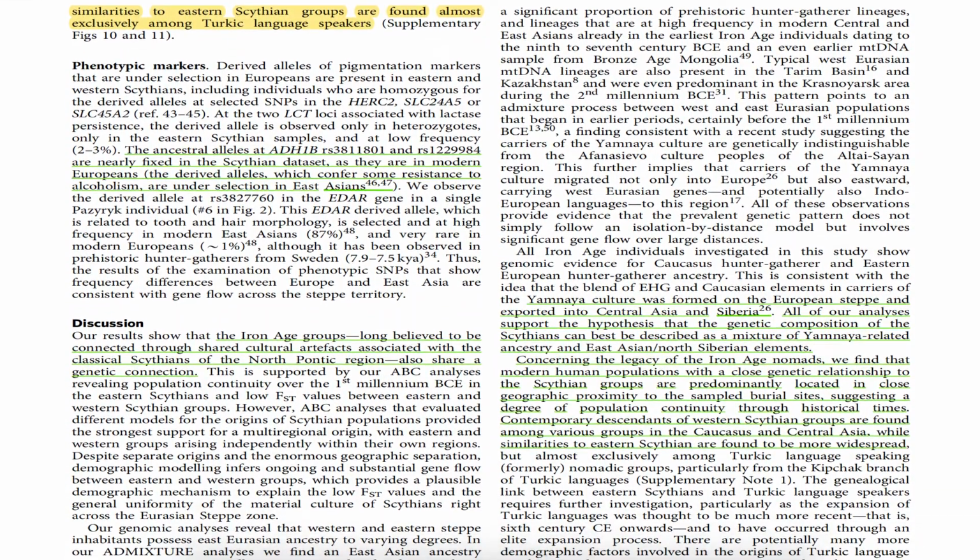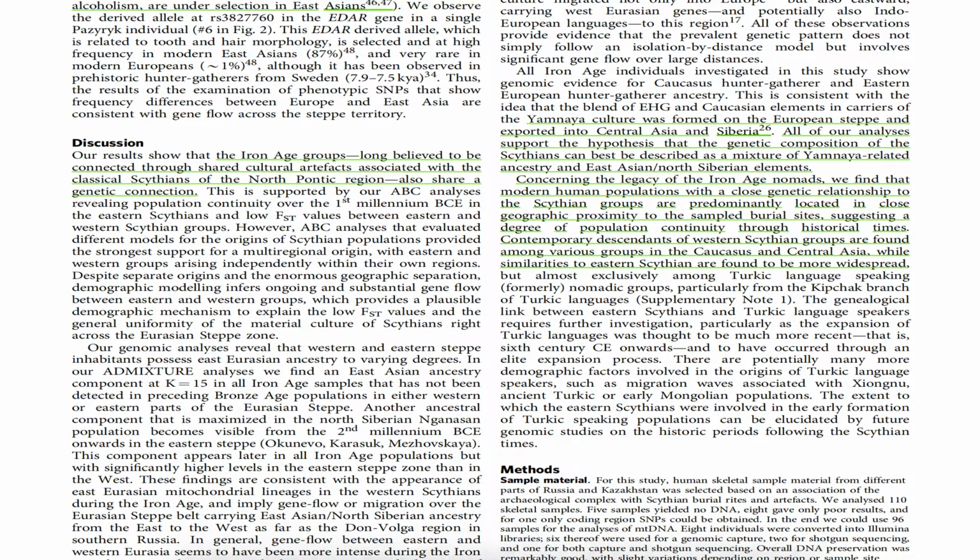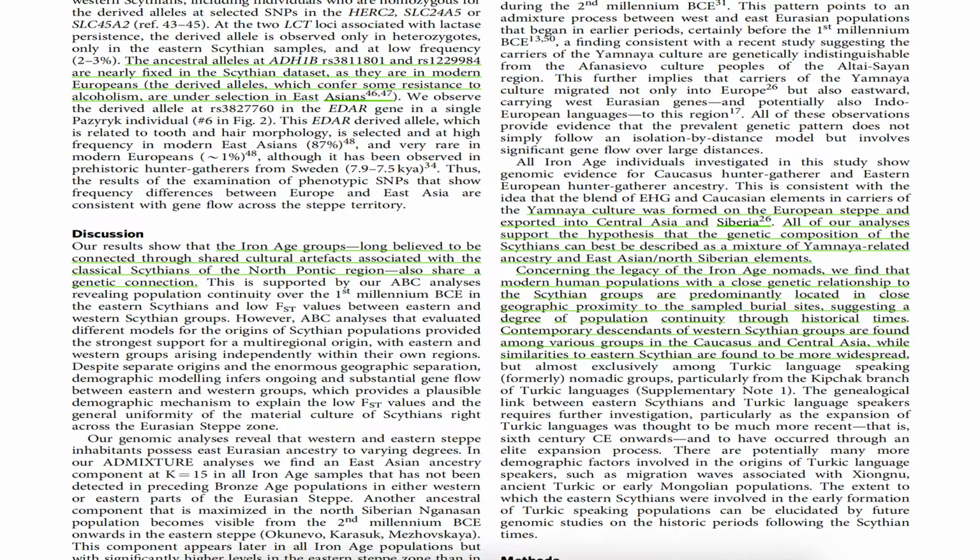So discussion. The Iron Age groups, long believed to be connected through shared cultural artifacts associated with the classical Scythians of the North Pontic region, also share a genetic connection. Says Yamnaya culture was formed on the European steppe and exported into Central Asia and Siberia. All of our analyses support the hypothesis that the genetic composition of the Scythians can best be described as a mixture of Yamnaya-related ancestry and East Asian, North Siberian elements.